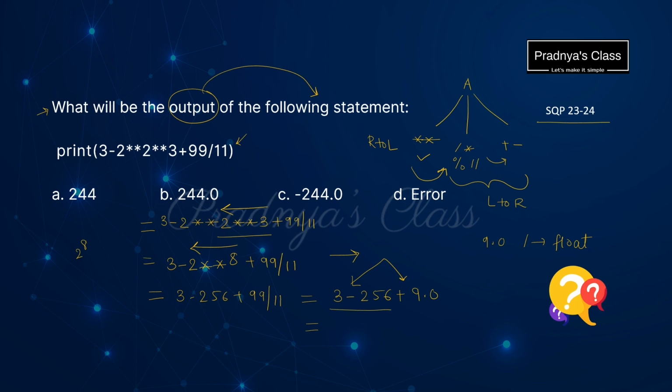So 3 minus 256 will get calculated and we will get minus 253 plus 9.0. Finally, the answer will be minus 244.0. The final answer is present in option C. So here is the correct choice. Hope you understood this explanation.